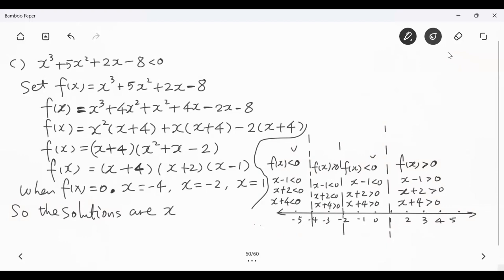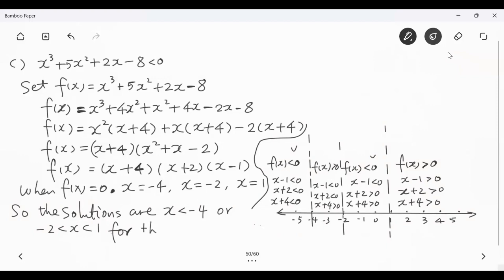Is x less than -4 or -2 to 1. And double check the inequality is just less than 0, not including 0, so not including the boundary. For the solution, here the x just less than -4, x more than -2, less than 1, not including the equal, right?